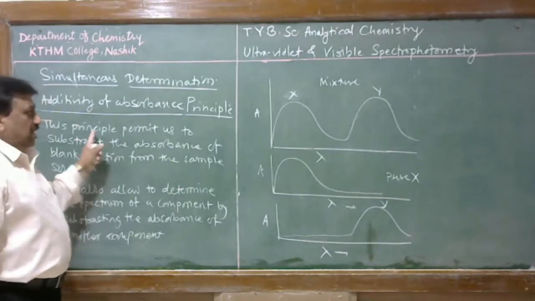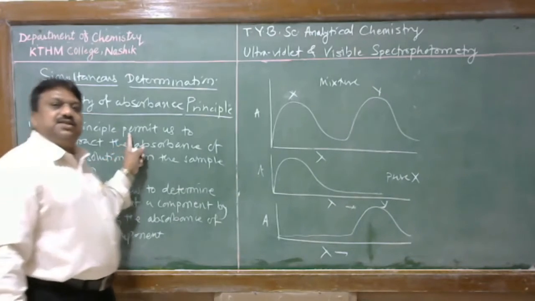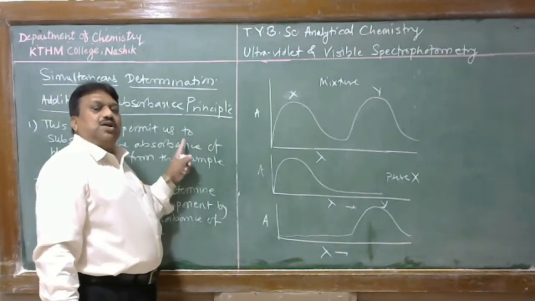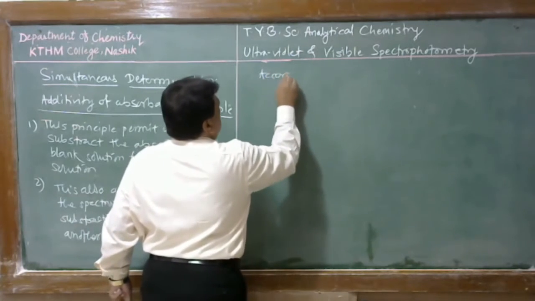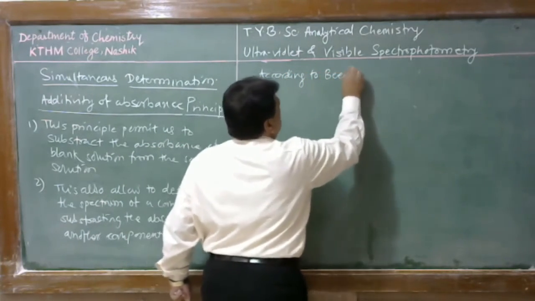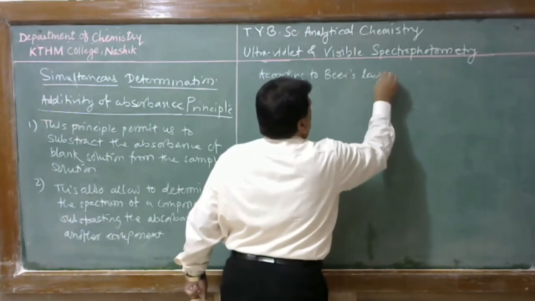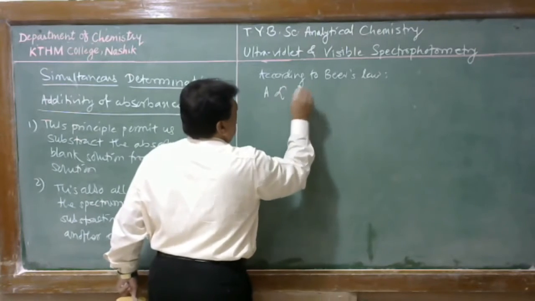in the mixture. And therefore, we can utilize this for simultaneous determination of two or more components present in the mixture. According to Beer's law, we know that absorbance is directly proportional to concentration.